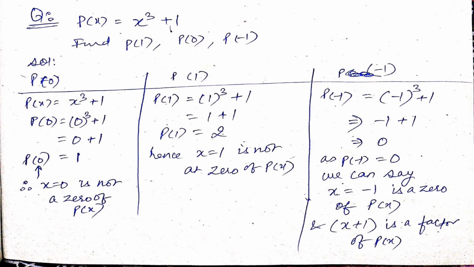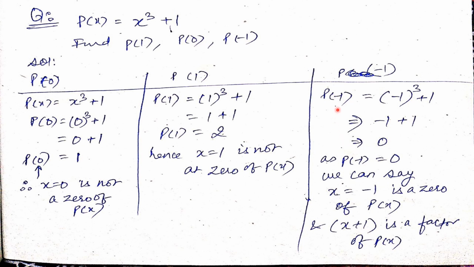Clear? The last part, P of minus 1. This time we will replace x by minus 1. So it becomes (minus 1) whole cube plus 1. When you solve it, it becomes minus 1 plus 1 and they cancel each other and the answer is 0. So you can see when you put minus 1 in place of x, you got 0. And we know the definition.